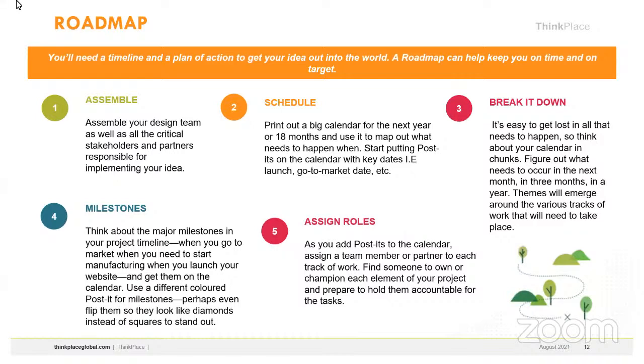Number two, schedule. Print out a big calendar for the next year and use it to map out what needs to happen when. This always helps us because we normally use a Gantt chart. I don't know if you guys have ever seen one; I'll try and send one to Lawrence.